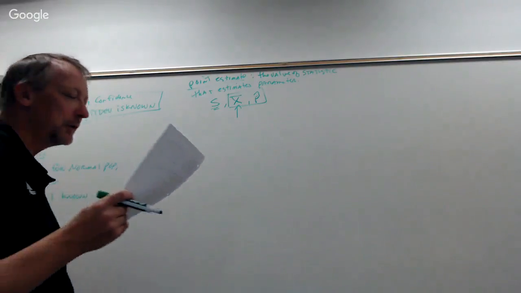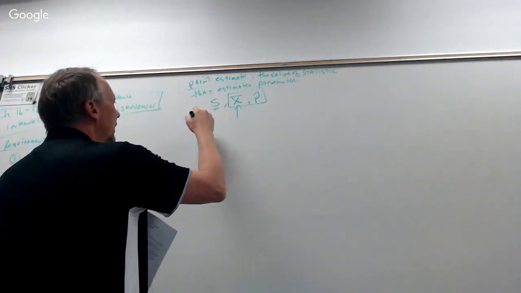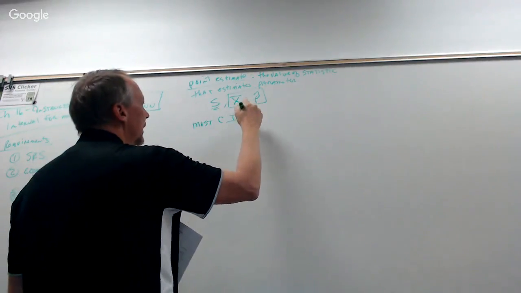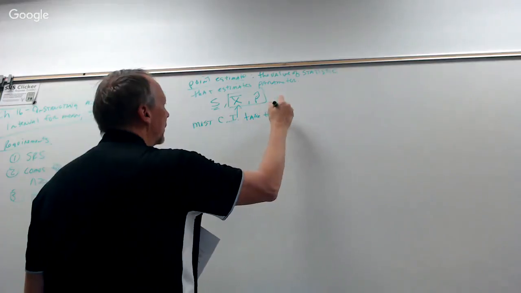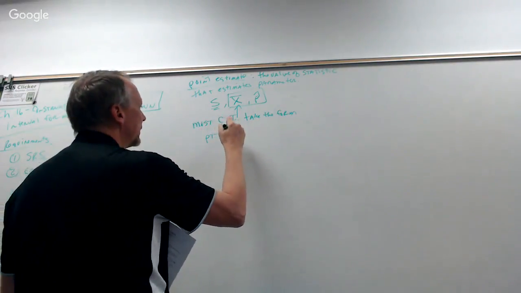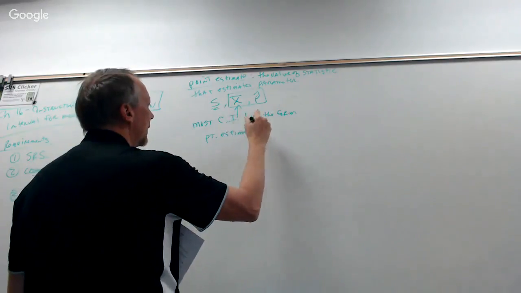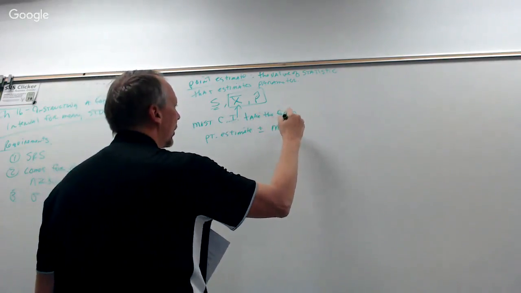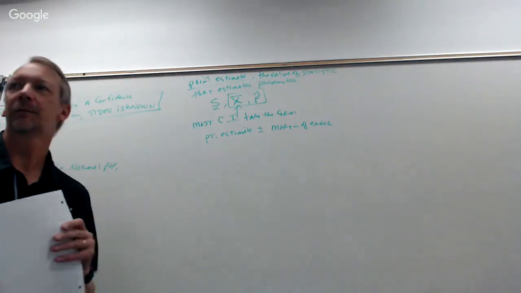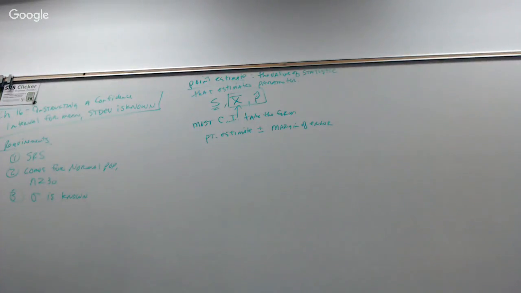So let me do most. I'm going to abbreviate CI for confidence intervals. They take the form of the point estimate plus or minus your margin of error. Okay?